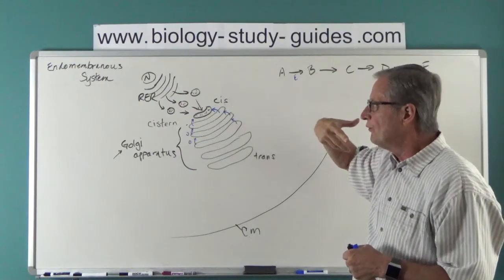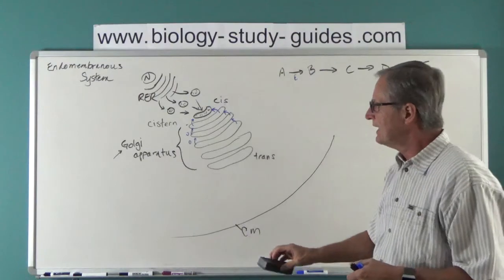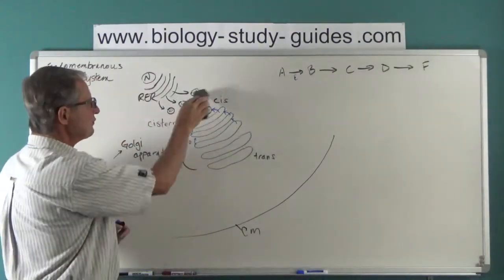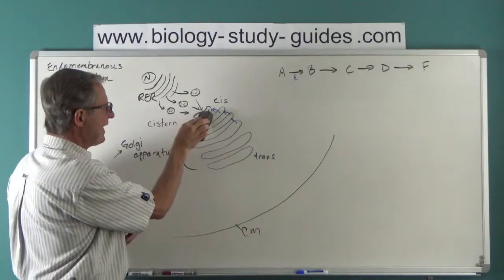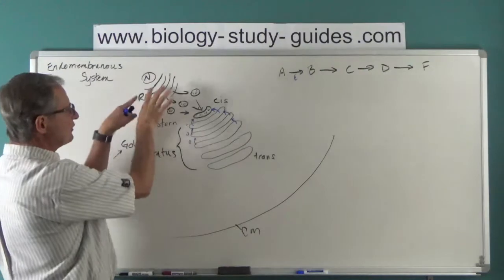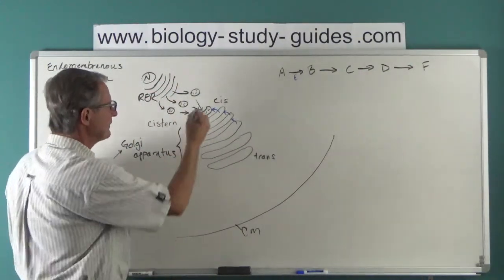And I have to stress position, you have to recognize that this process is ongoing, because as these ones form that cistern, there's another set of them being produced. They form another cistern which will line up right here.